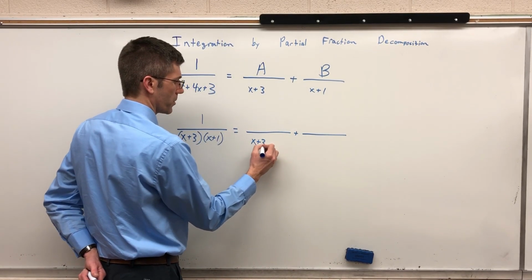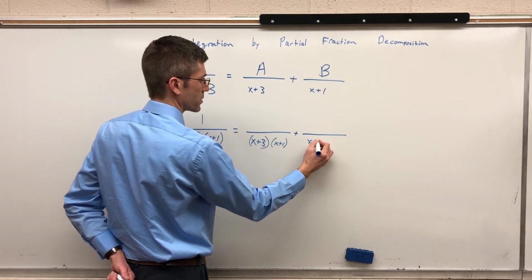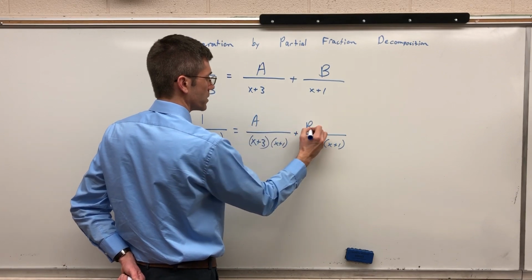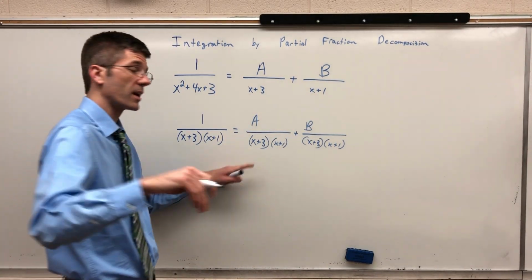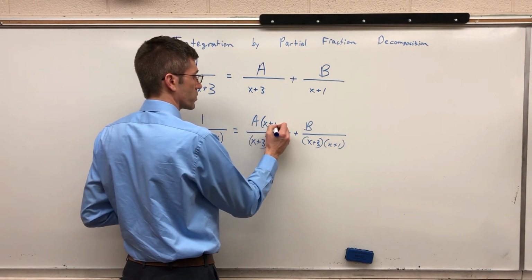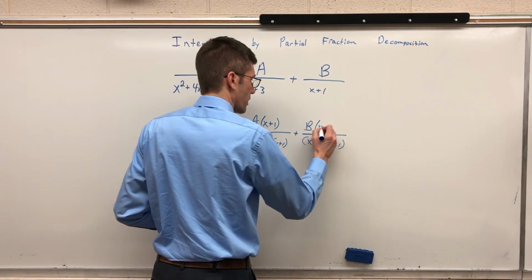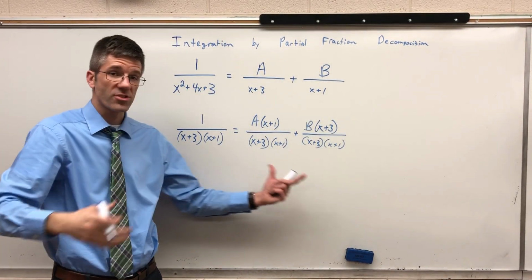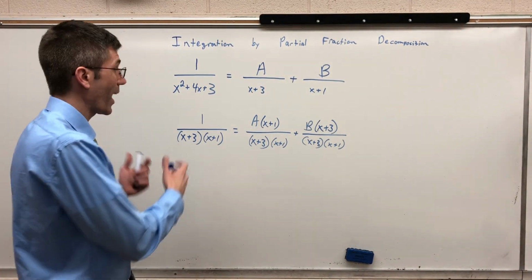So my common denominator would be x plus 3, x plus 1, and x plus 3, x plus 1 in no particular order, and this one was an A and this one was a B. If we changed this denominator by multiplying by x plus 1, then x plus 1 would go here. If we change this one by multiplying by x plus 3, then x plus 3 would go here.